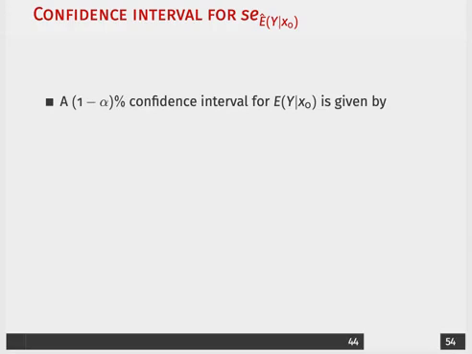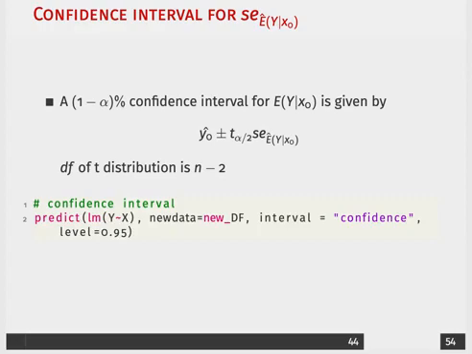So when we finally report the confidence interval around our predicted value, we're going to report it in the exact same way as before, where we multiply the standard error of our predicted value by some t statistic, derived based on the degrees of freedom. What we can do here is really nice.